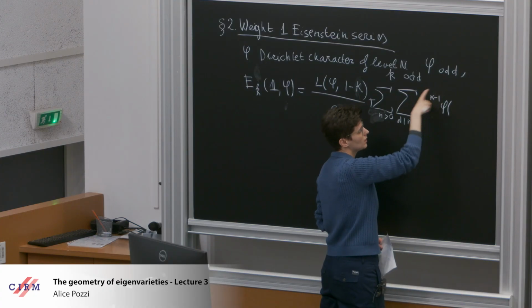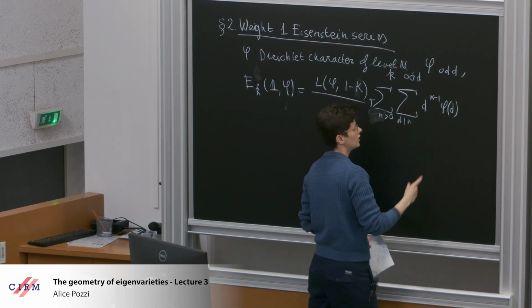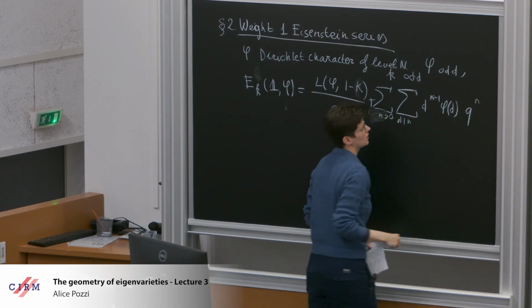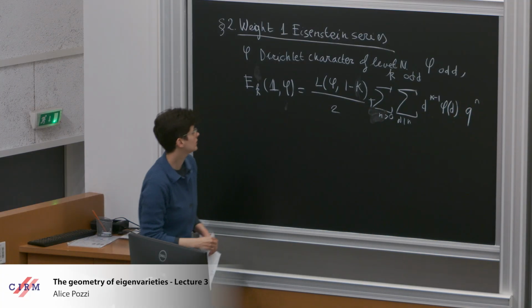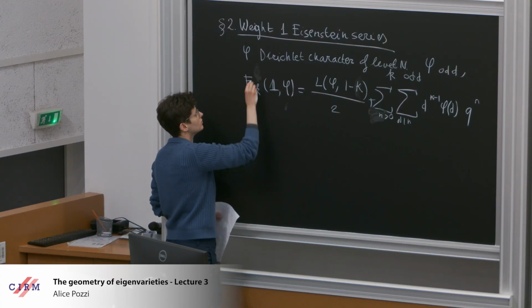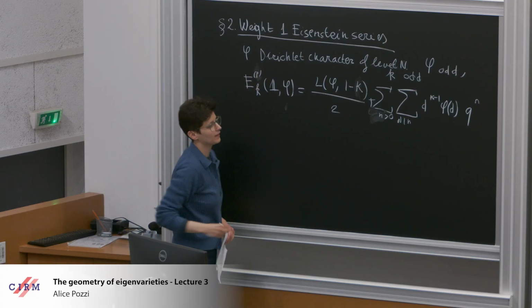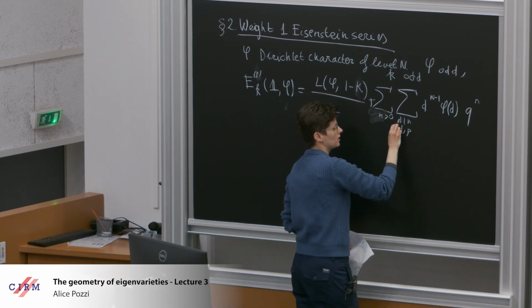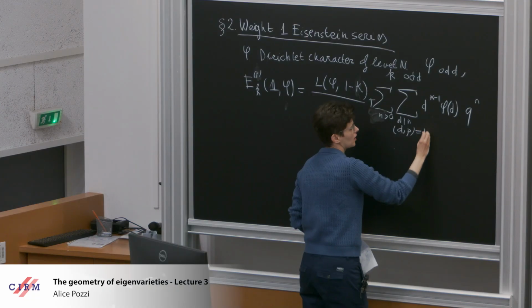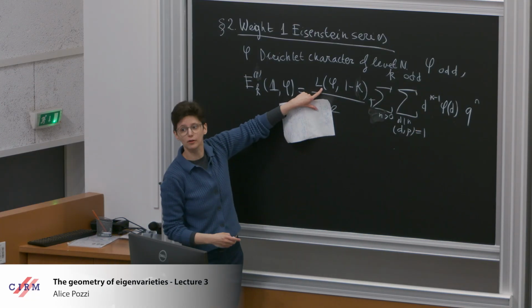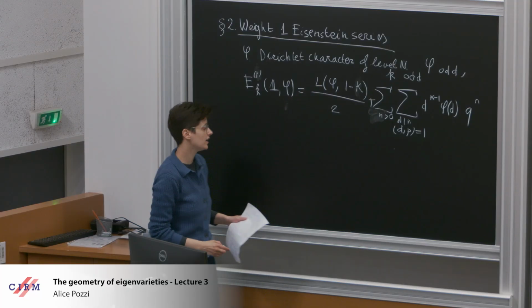So same thing, sum over the divisor functions multiplied by phi of d, q to the n. As we've seen, if we modify things at p a little bit, so that we sum over the divisors that are prime to p, this actually interpolates nicely. We, of course, have to change this guy too.